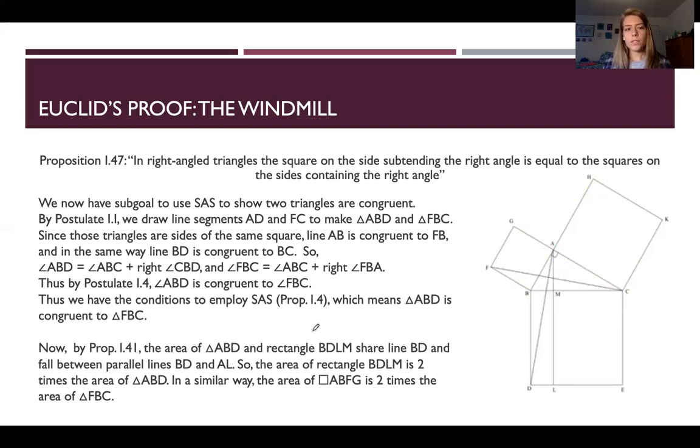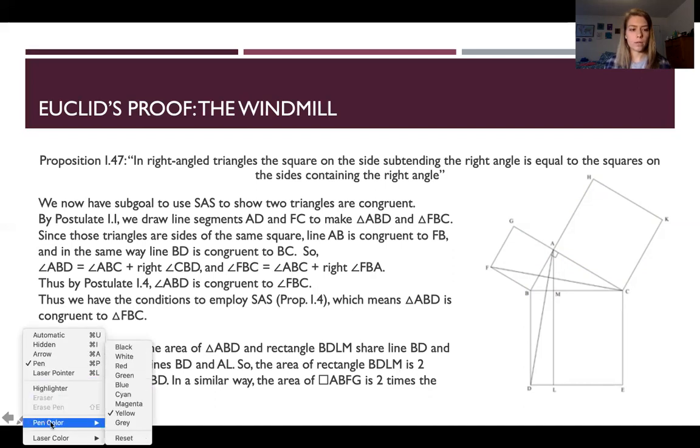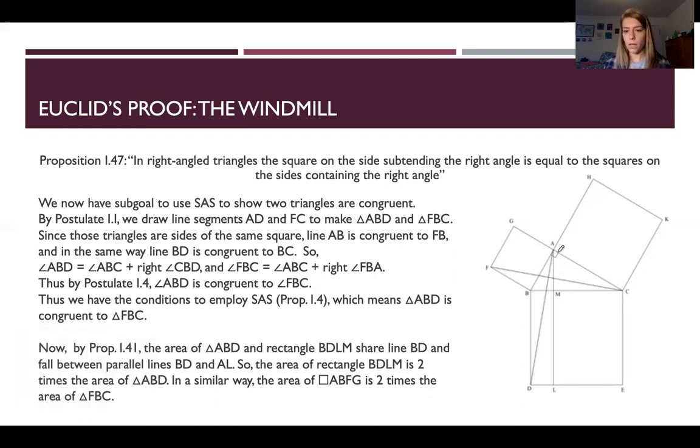Now he wants to use side angle side to show that two triangles are congruent. Okay, and here's what he's going to do. By postulate 1, so his rules of geometry here, he draws line segments AD and FC to make two triangles, okay?